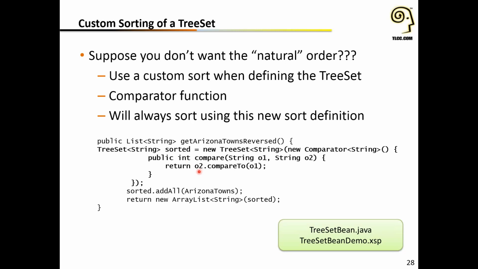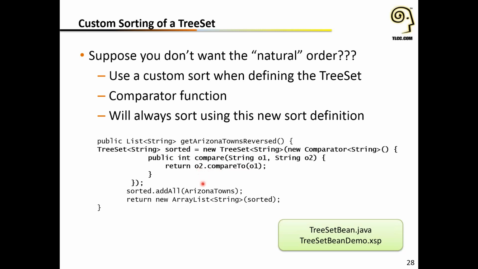So here we want a reverse sort order. So instead of saying o1.compareTo(o2), I'm going to say o2.compareTo(o1), which will do a reverse sort order. And in the compareTo here, we'll just return a positive integer if it's greater than, return a 0 if it's the same, and a negative if it's less than.